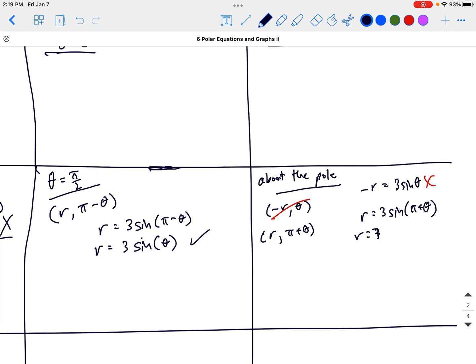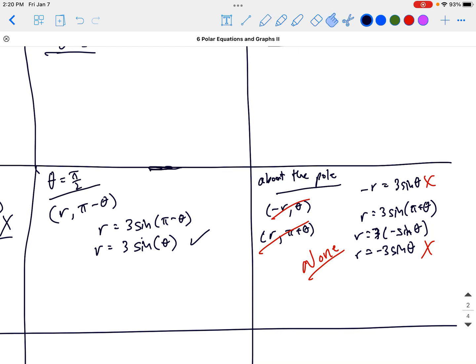If we use the identity here, we'll see that that's going to equal negative sine theta. So we get r equals negative 3 sine theta, which is also not equivalent to the same polar graph that we started with.